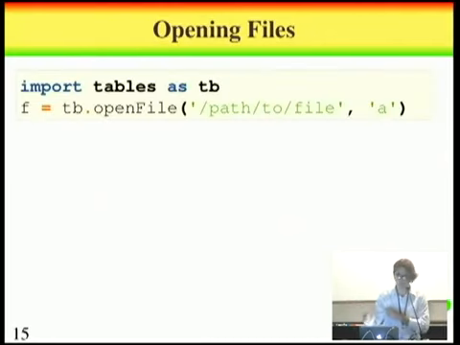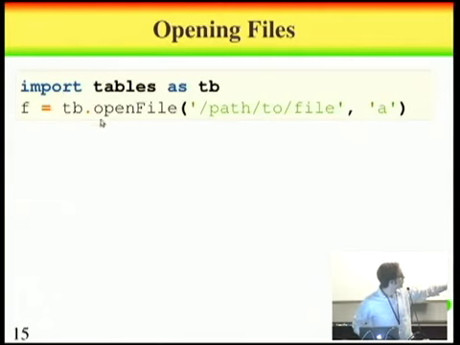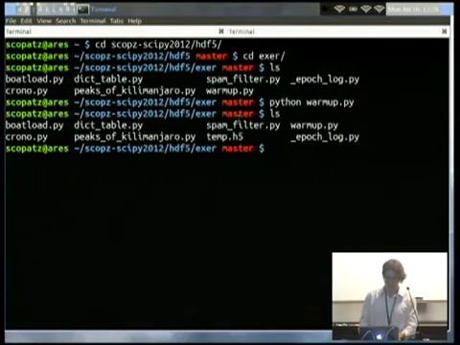Okay, so how do you open one of these files? Well, there's an open files function for that. So here, if you go to IPython, you can just import tables, and I'm typically going to import that as TB, and open up any file. Well, we made an exercise file, so why don't I go ahead and open that in my terminal here.